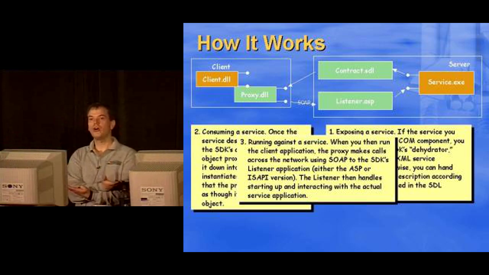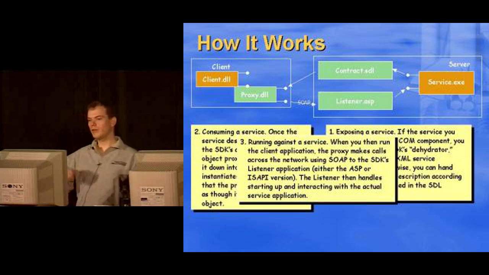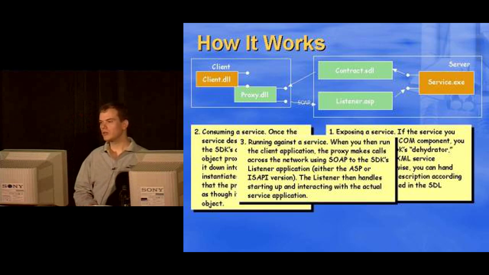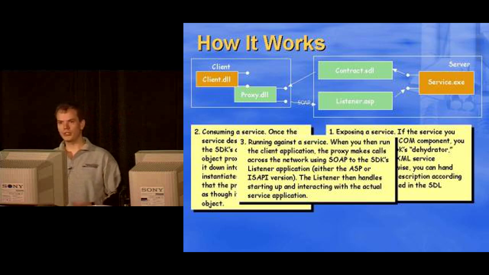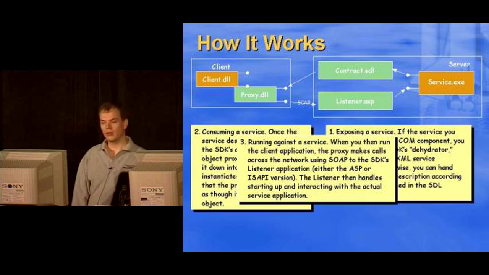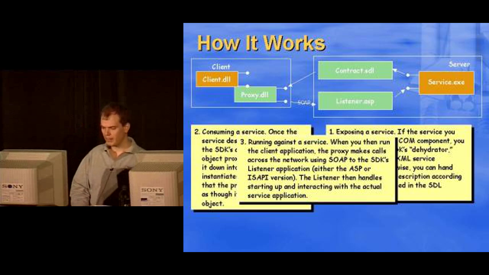The reverse is also true. If you had a COM component that you wanted to expose as a web service, it's trivial to expose it and build the listener, and then somebody programming in Java or a Corba environment could similarly treat the service as though it were a native Java bean or a Corba component.